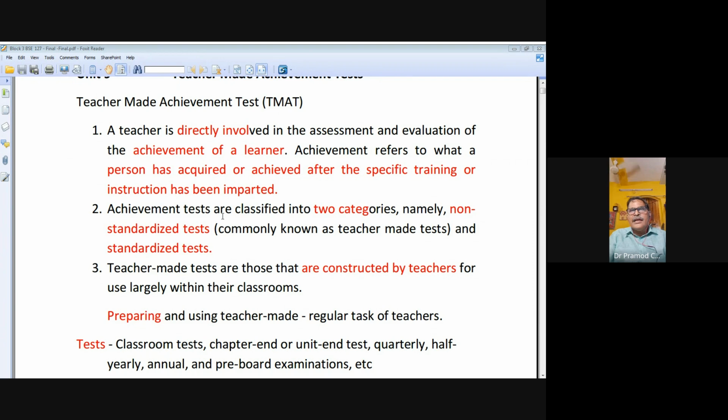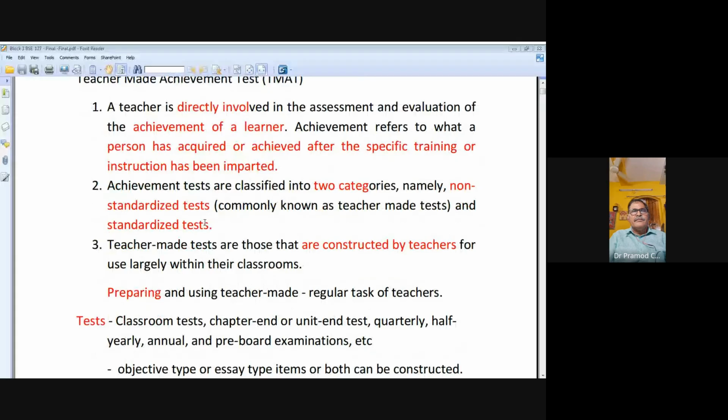Non-standardized test is known as the teacher-made test. It is not standardized. But if it is standardized, then definitely it will be considered as the standardized test. Then what is the difference between a standardized test and a teacher-made test? We'll have to go into details. But basically you must remember that teacher-made tests are constructed by the teacher.